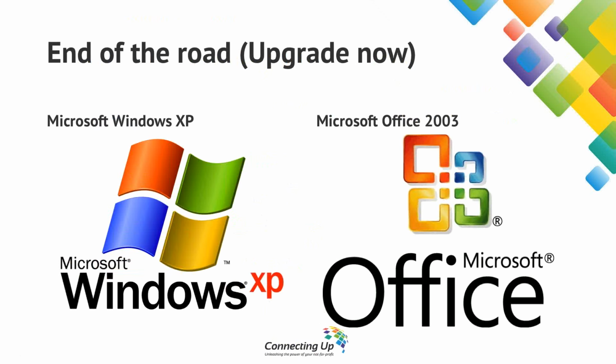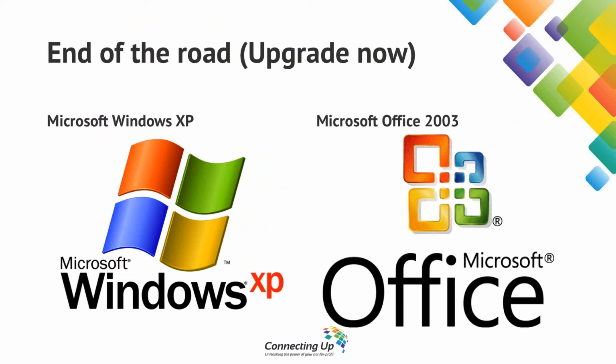All right, now this isn't so much a new thing, but we want to keep banging on about it because it is important, and some organizations haven't made a switch yet. If your organization still has any computers that run Windows XP or Office 2003, they are no longer supported by Microsoft. That means no more security updates or upgrades.